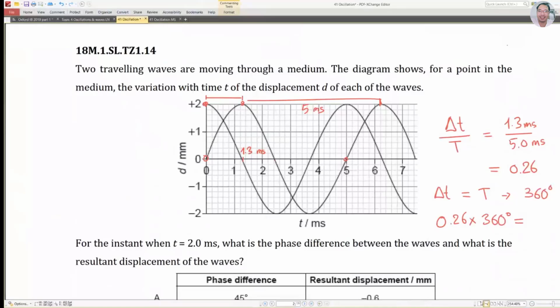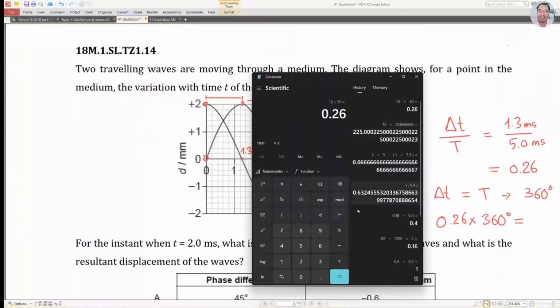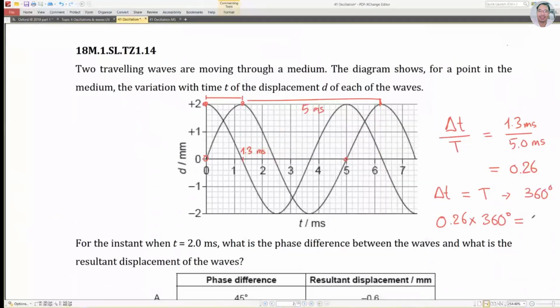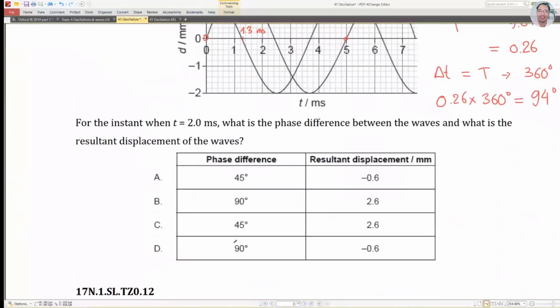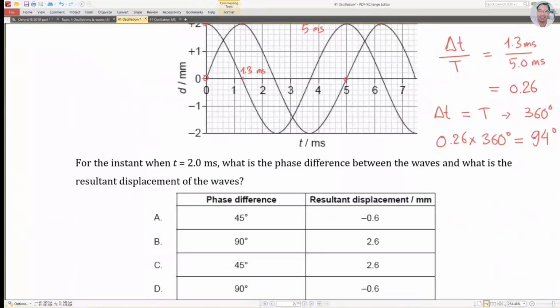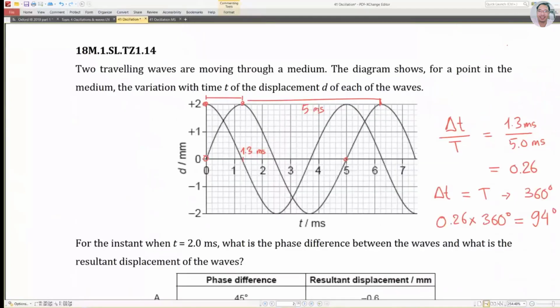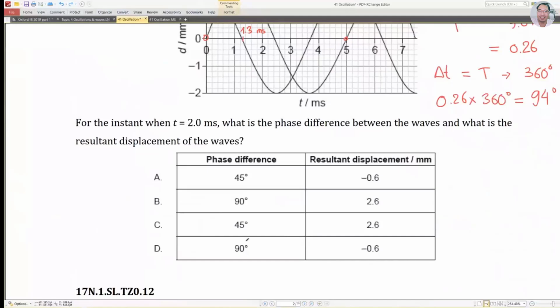So this difference in time, 0.26 multiplied by 360 degrees, gives 93.6 degrees, up to 94 degrees. We do not have exactly 94, but we have the answer 90 degrees here. So using this calculation, you can determine the phase difference to be approximately 90 degrees.